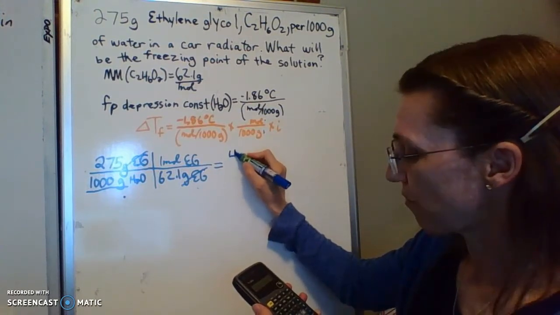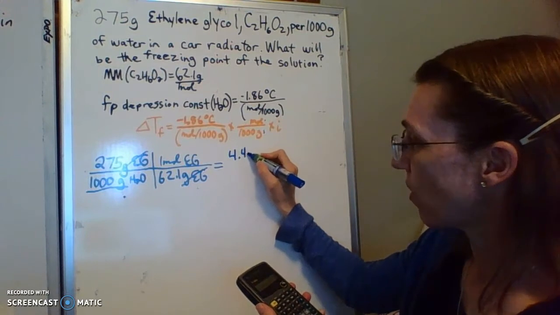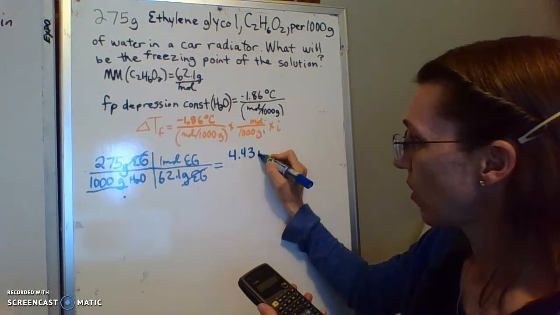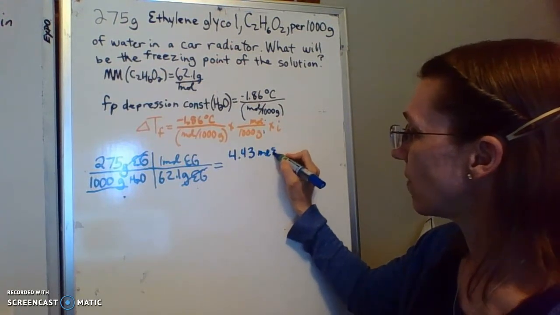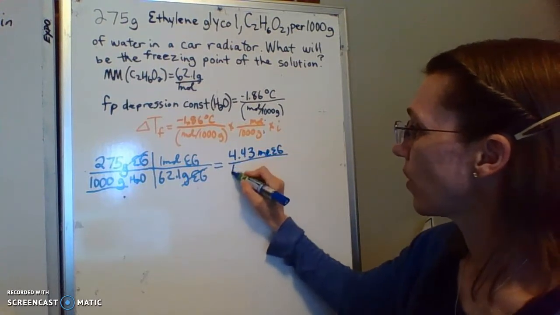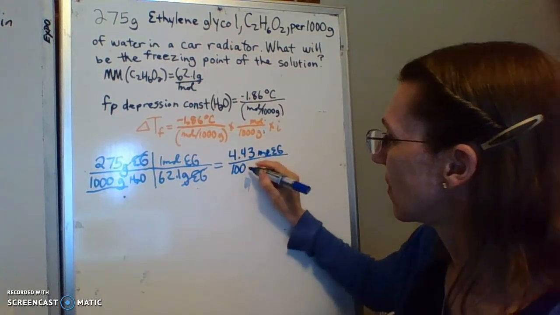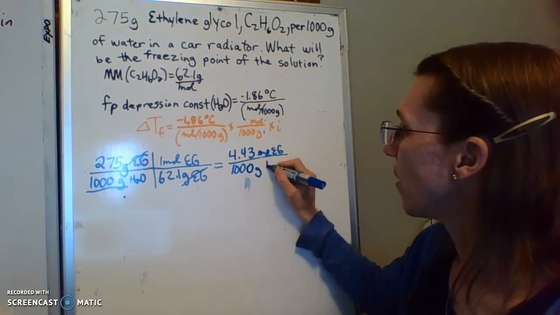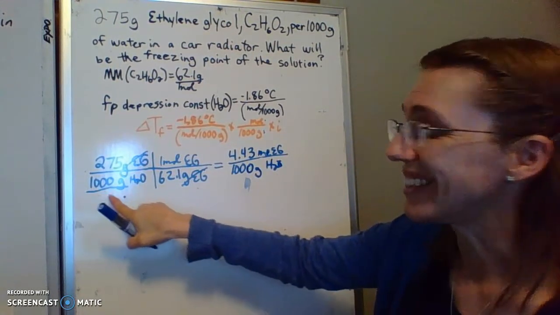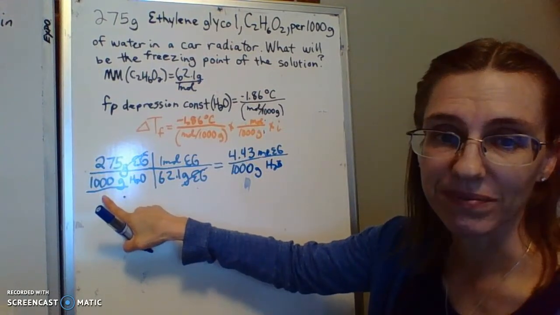So we've got 4.43 moles of ethylene glycol per 1,000 grams of water. Note, I did not divide by the 1,000.